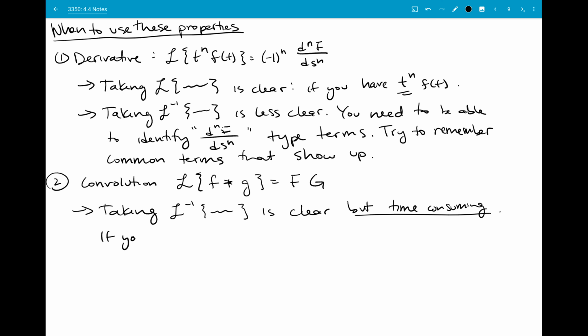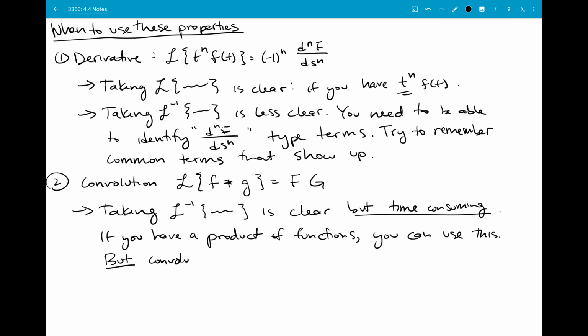So if you have a product of functions, you can use this property. But using convolution to get the final answer, x equal to some stuff or y equal to some stuff, can take a while.